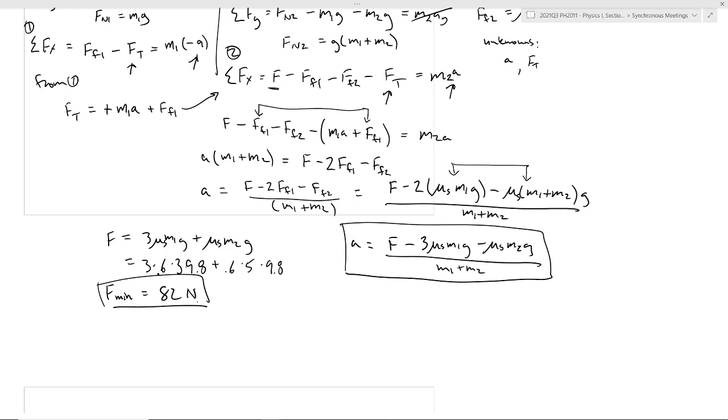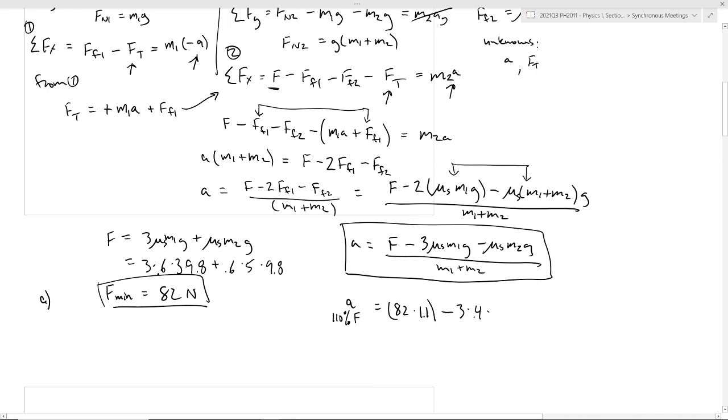And then the second part of the question, recall, asked us to find the acceleration when it started to move, for a force that would be 10% larger than that. So we could plug that in. The acceleration for 110% F would be 82 times 1.1 for 10% larger, minus all of this same stuff. Now instead of mu s, we would use mu k because it's moving, so we would need the coefficient of kinetic friction.